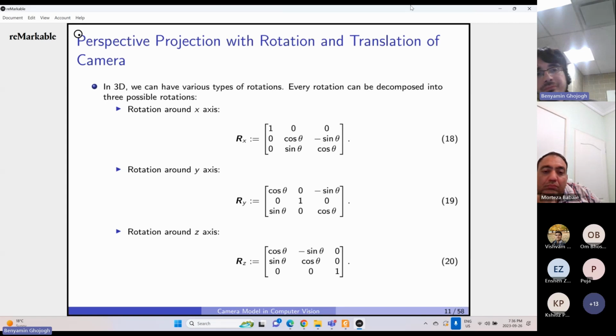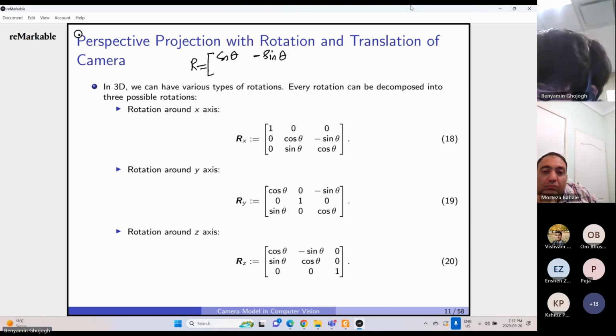In 3D, we can have various types of rotations, right? So do you agree that in 2D, we only have one type of rotation, either clockwise or counterclockwise, right? So in 2D, the rotation matrix, I don't know if you have seen or not, it's cosine theta, minus sine theta, sine theta, cosine theta.